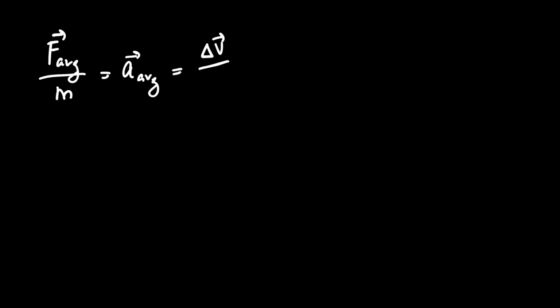I also know from Newton's second law that the average force, F average, divided by the mass of an object is equal to its average acceleration. And acceleration is a change in velocity over change in time, which can be rewritten as final velocity minus initial velocity divided by delta t.